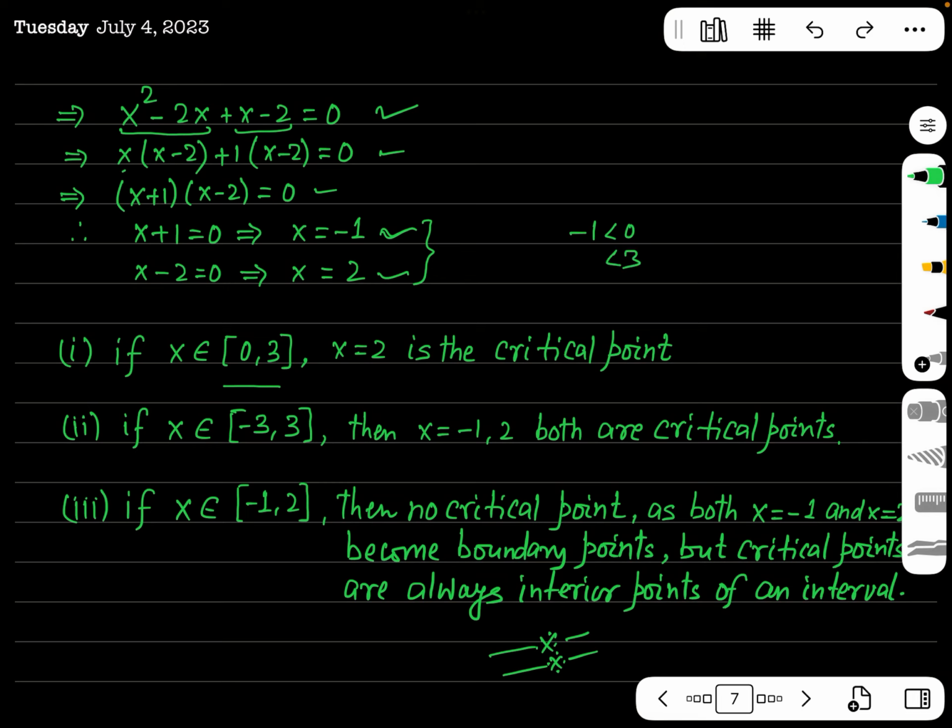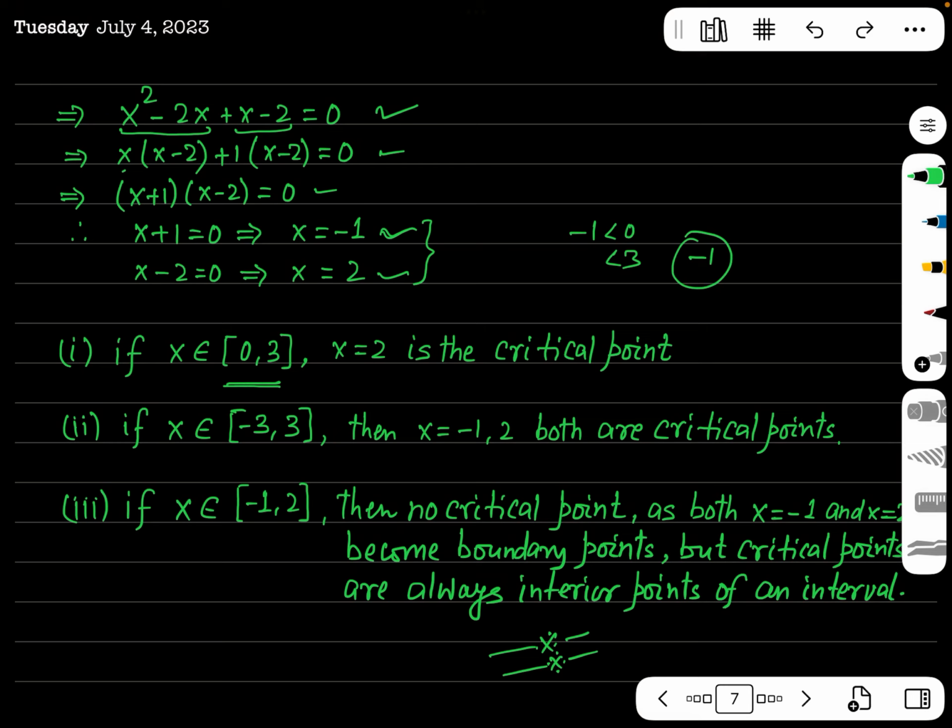So this -1 is outside of this closed interval. And you have learnt that the critical points are points in the interior of the closed interval, not in the exterior. So this -1 will not be the critical point for this interval.